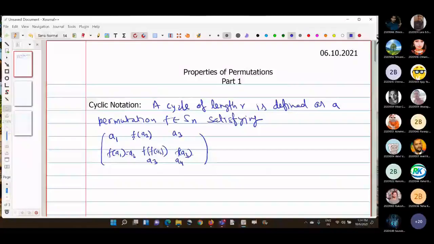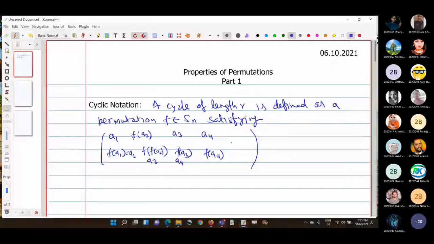Okay, so we will be continuing like this. Similarly, we will be getting f of a4 here, and then we will keep it here as a4, and then f of a4.